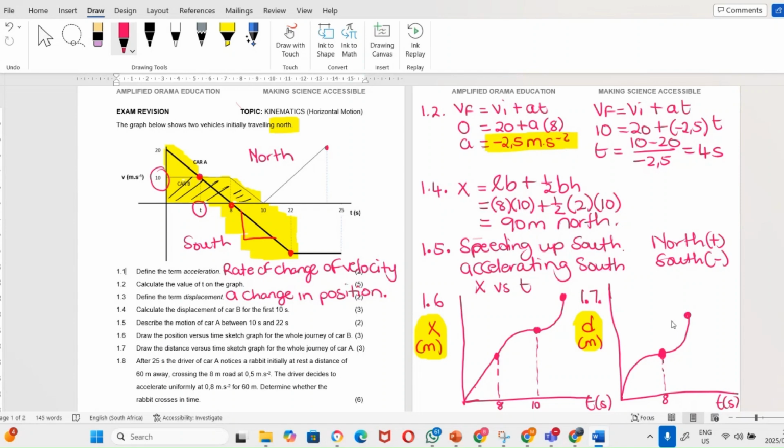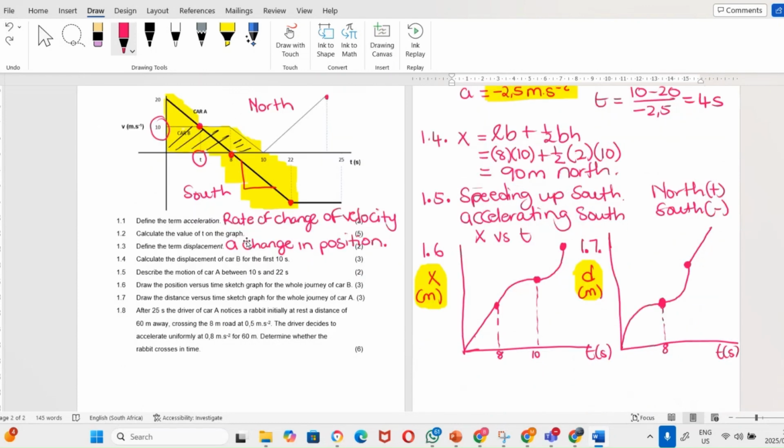And then obviously we end off there with a constant velocity, or in this case, a constant speed. And so the graph would then increase gradually like that, showing a straight line going up. And obviously the gradient of that line would be represented by this velocity, or by that speed on the graph. And that's how that graph would look, particularly for car A.